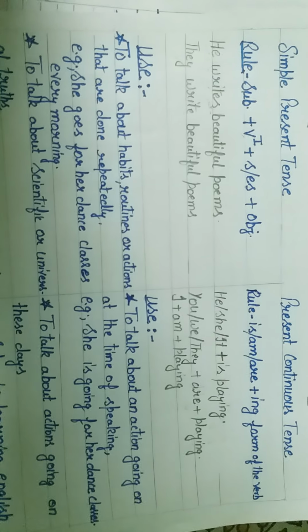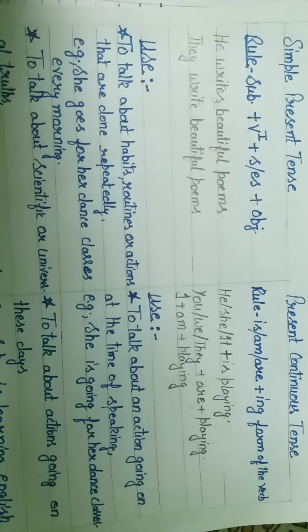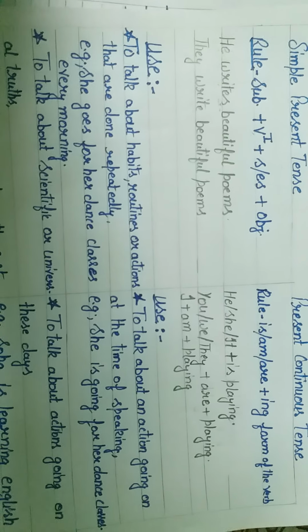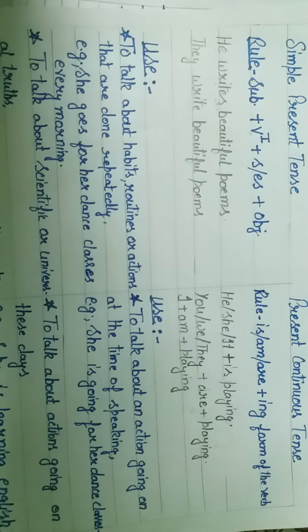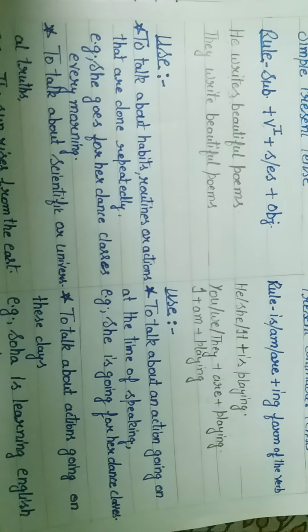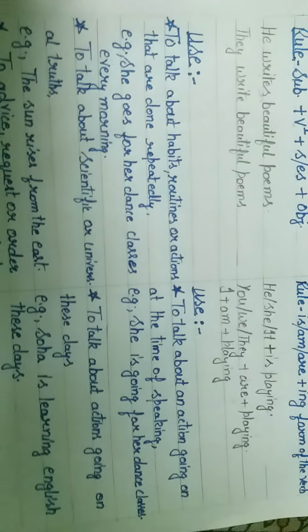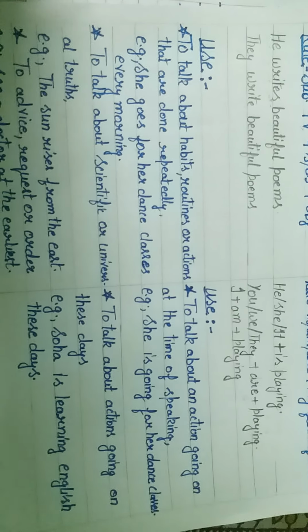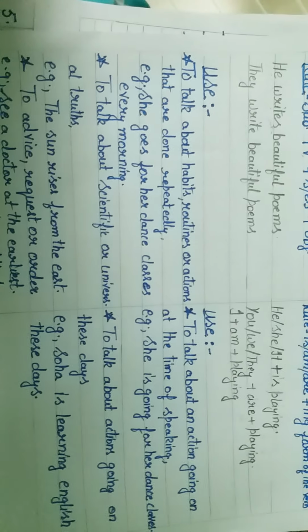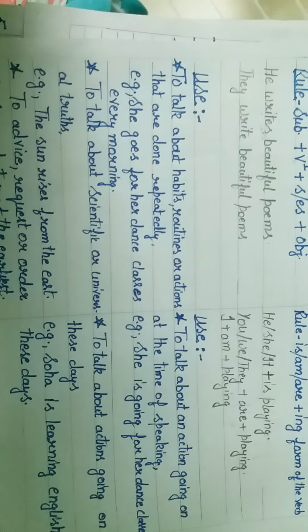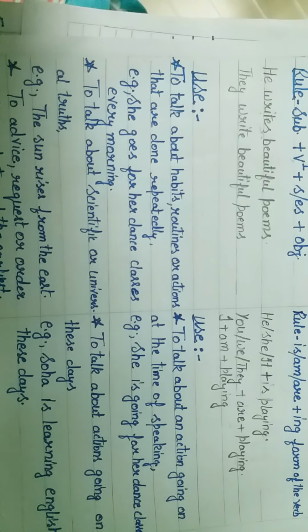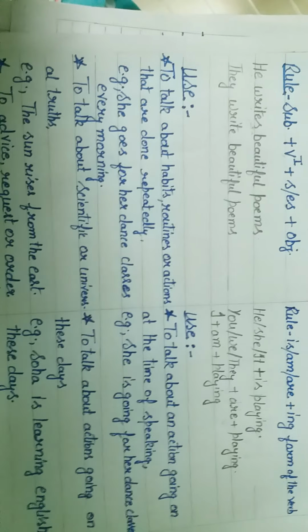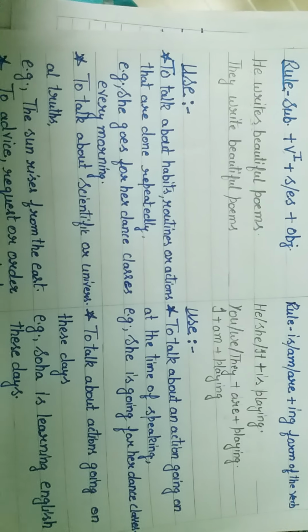For this we use present continuous tense. For example, she is going for her dance classes, means going, action is happening now. Then to talk about actions going on these days, means what is happening these days. Soha is learning English these days. She is taking her maths lessons these days. She is working on her grammar part these days. So this way we can use present continuous tense.